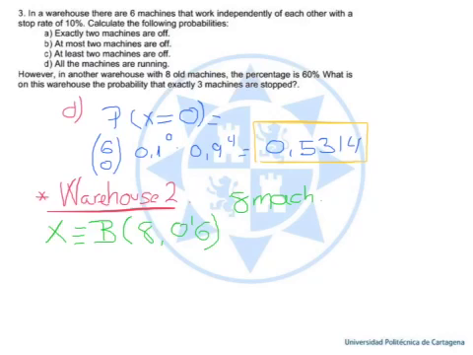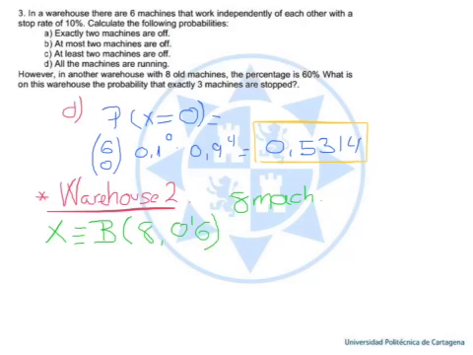Now we have another part where we have 8 machines, and the percentage that they are stopped is 60%, and we are asked to calculate the probability that exactly 3 machines are stopped. Being x the number of machines that are stopped, it follows a binomial distribution with this condition.